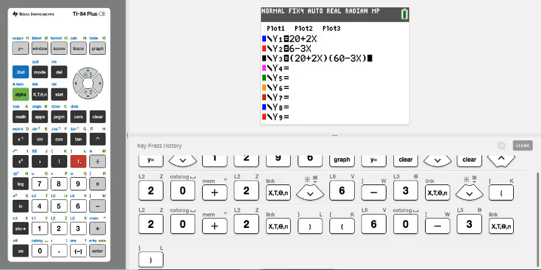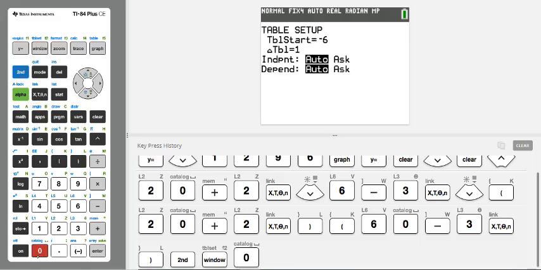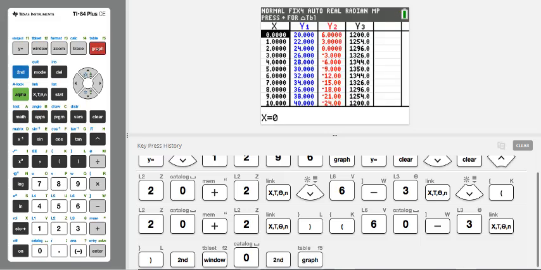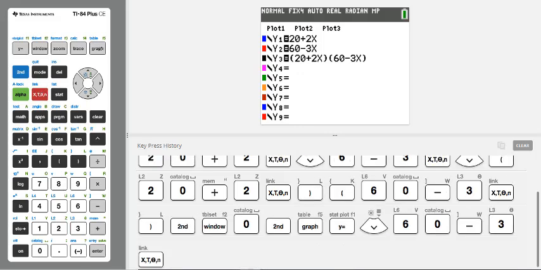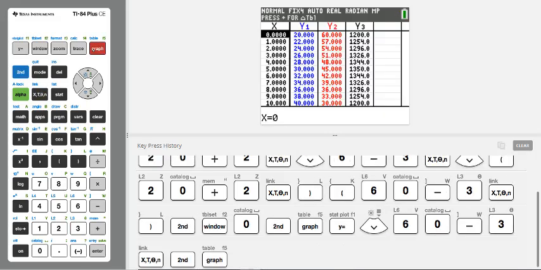Okay, so what we're going to do is we're going to go to a table. So second window, we're going to start at 0. We're going to step it by 1. So let's look at it from a table standpoint. Oh, this should be 60 minus 3X there.